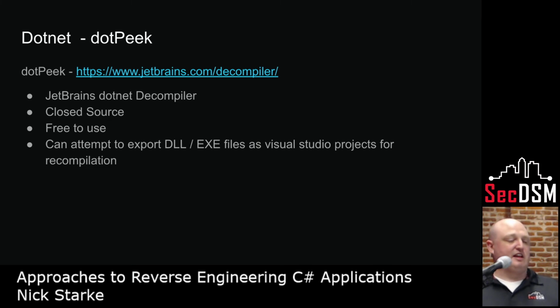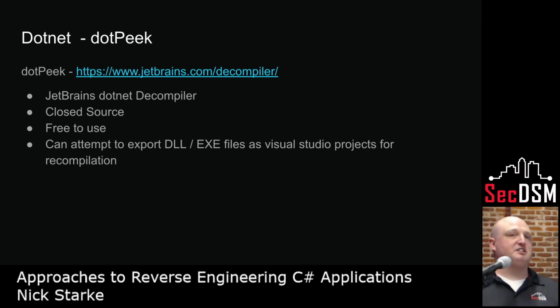Like I said, it's closed source, so you can't really audit the source code unless you're reverse engineering it. And the main takeaway from dotPeek is that it can export your assemblies, the source code, as Visual Studio projects. Now, depending on the level of reflection you use in the assemblies that you're trying to load, you may or may not be able to recompile that Visual Studio project without modification.